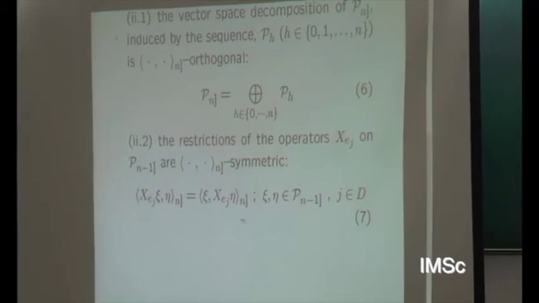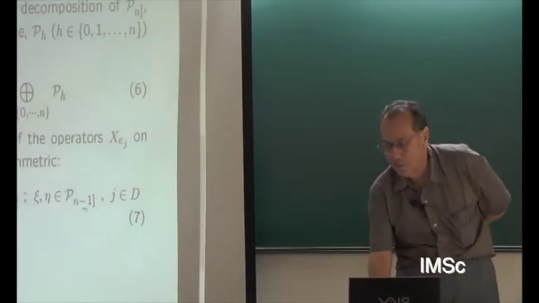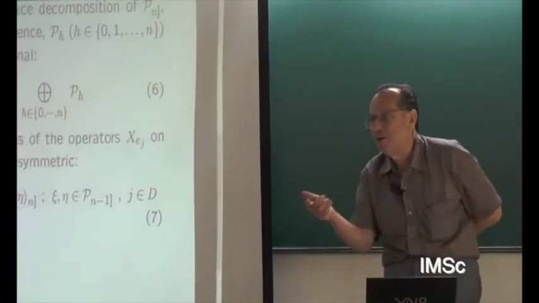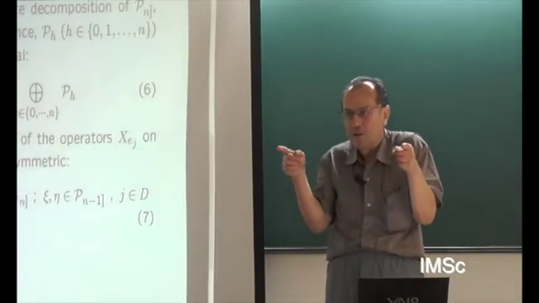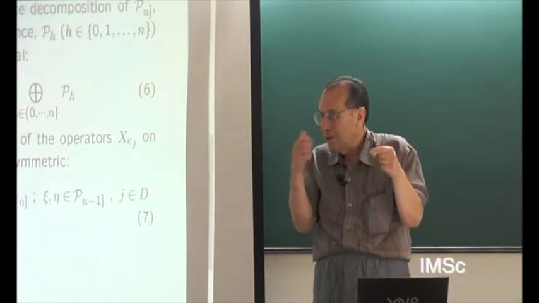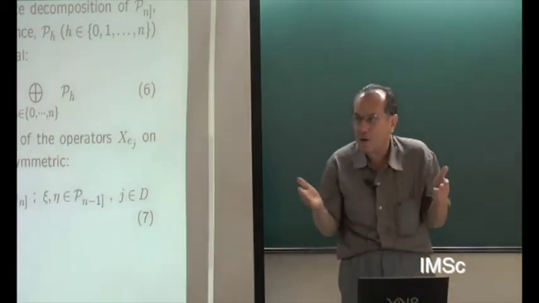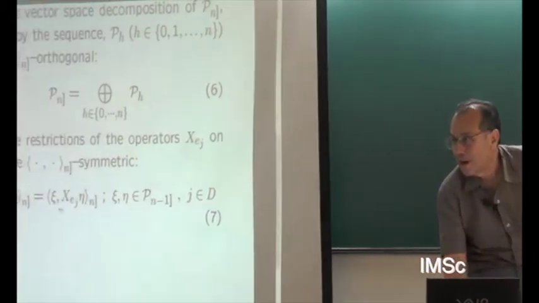You see, why is the restriction on P_{n-1}? Obviously, because multiplication by a coordinate increases the degree, and I have the scalar product only up to n in my definition. So I must restrict it to a lower order in order to give a meaning to this scalar product.